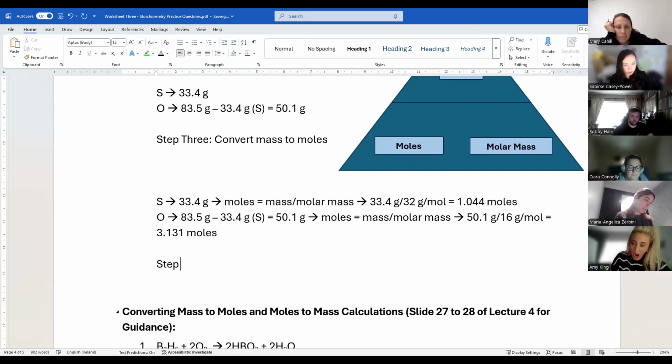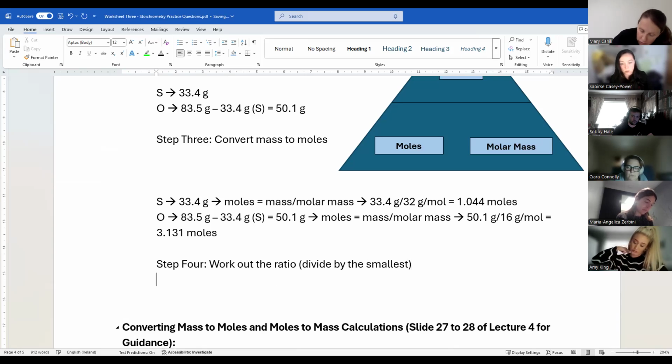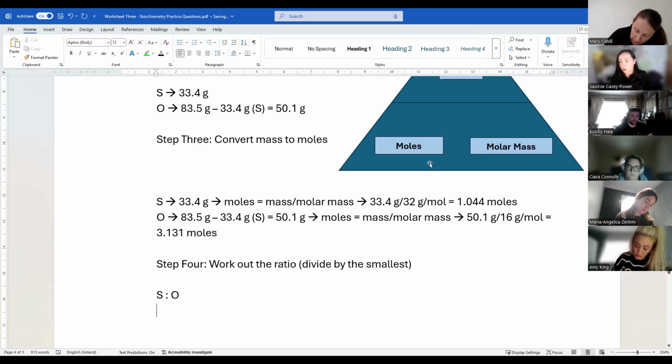Okay, so step 4, similar to what we had above, we're just going to work out the ratio, again dividing each one by the smallest. So I have sulfur and oxygen. Based on what we've just worked out, I have 1.044 moles of sulfur and 3.131 moles of oxygen.